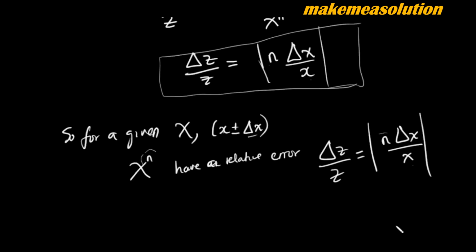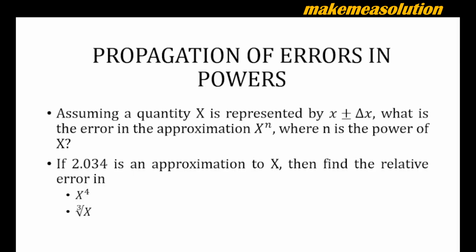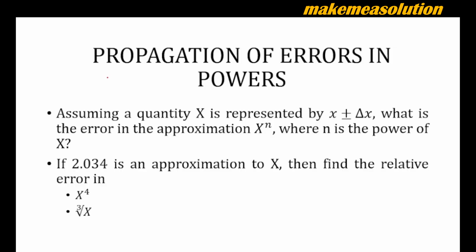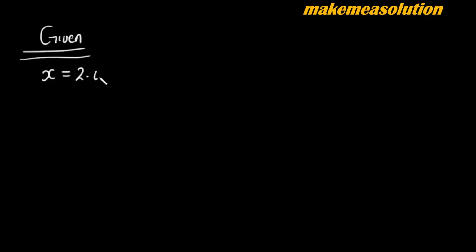So let's apply it to the examples that we're given. If 2.034 is an approximation to x, then find the relative error in x to the 4 and cube root of x. So we have given that small letter x is 2.034.